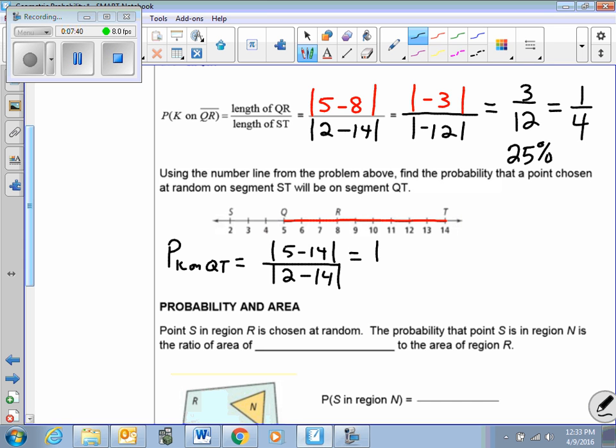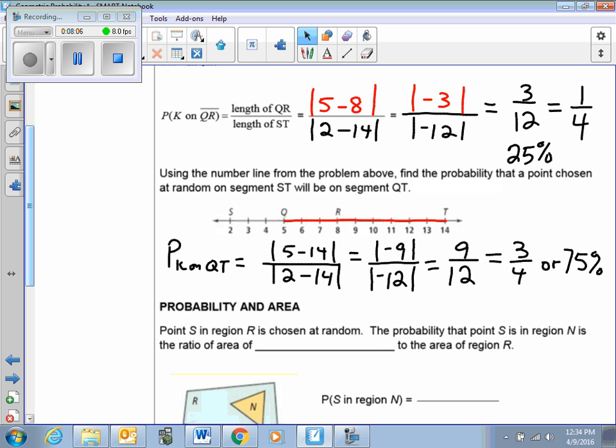So that's going to give me the absolute value of negative 9 divided by the absolute value of negative 12, which turns out to be 9/12, which if I simplify is 3/4 or 75%. I got a 75% chance, or 3 out of 4 chance, of picking that point randomly and having it be on QT.